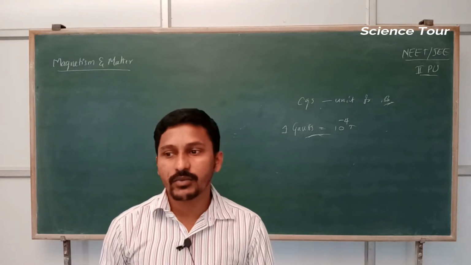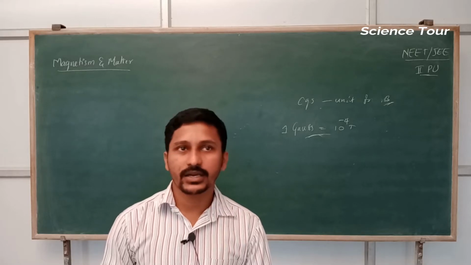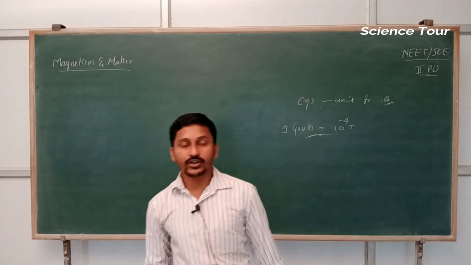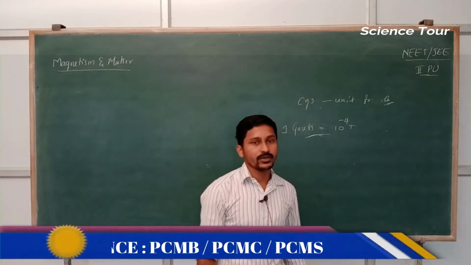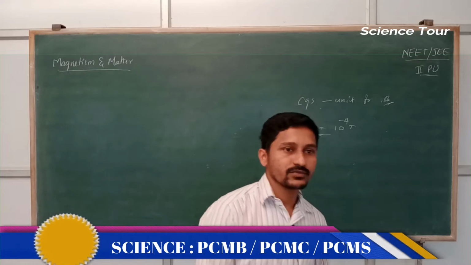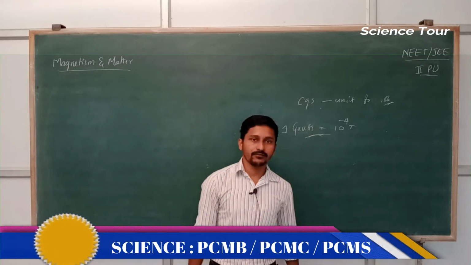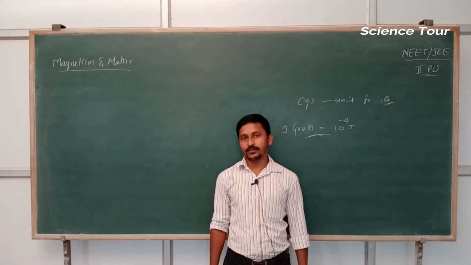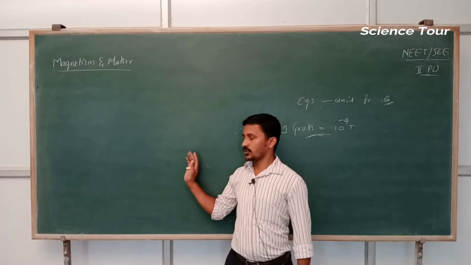Now when you talk about magnetic field, there are two types: one is uniform magnetic field, another is non-uniform magnetic field. What do you mean by them? Most of the cases we are going to talk about uniform magnetic field. At any place the magnetic field remains constant or the same.